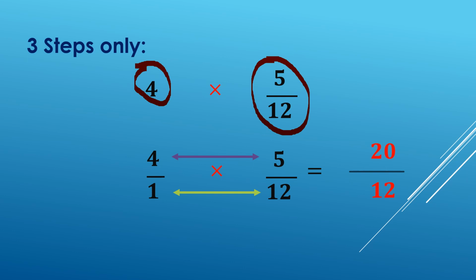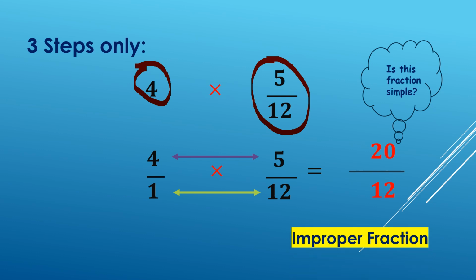Excellent. Now, before you go and proceed to another question, think and ask yourself, what's the question? Do you remember the question? Look at this fraction and ask yourself, is this fraction simple? Is it simple? No, it's not. Why? It's an improper fraction. How do you know?